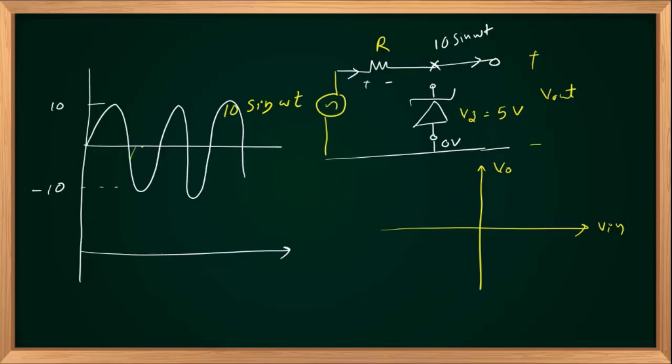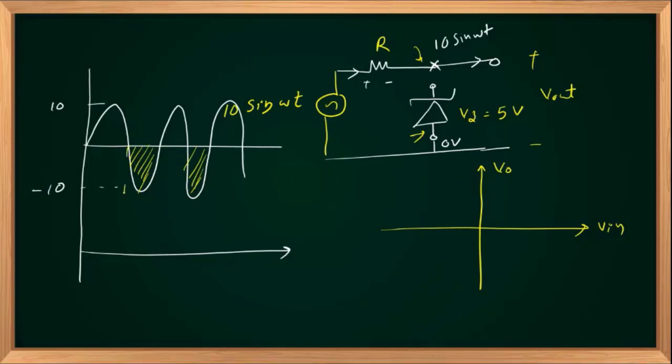So when 10 sin omega t is negative, we are sure that the diode is forward biased, because this is at 0 volts and this potential will be negative. Cathode is negative, anode is more positive than cathode, so the diode is forward biased and acts as a short circuit.